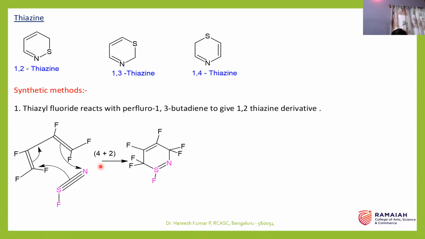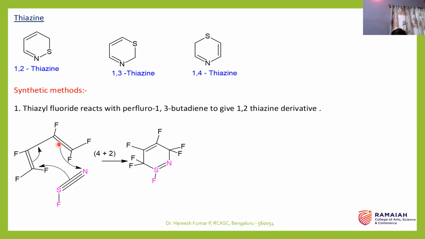So now the method of synthesis of 1,2 thiazines, starting with perfluoro 1,3 butadiene. Perfluoro means there is no hydrogen.